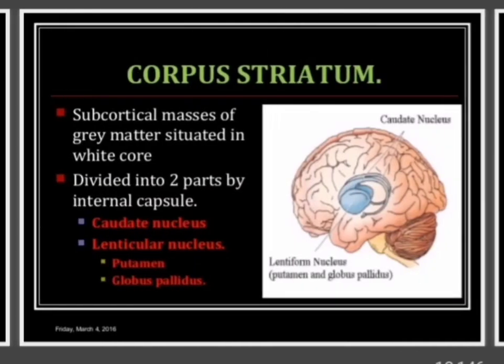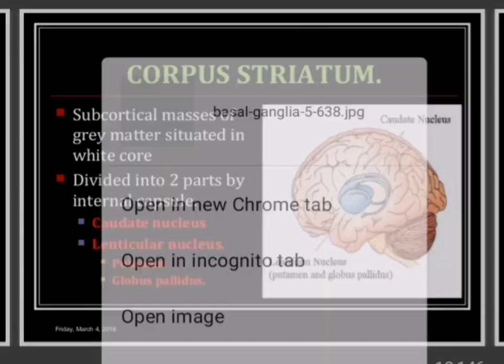Corpus striatum: subcortical masses of gray matter situated in the white core. Though you might have studied this section of my lecture in your anatomy classes while discussing neuroanatomy, in order to have a linkage, I am giving it a humble revision.